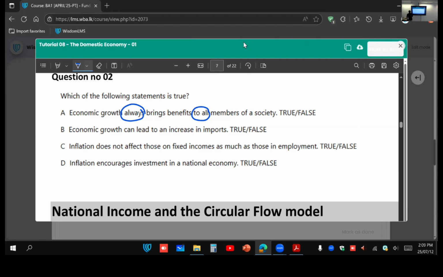Economic growth does happen, inflation levels rise, there are lots of sophisticated goods and services to purchase, and price levels have drastically increased. Is he benefited? Not all the members of the society. Go to the second sentence.